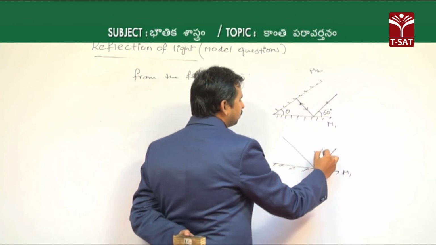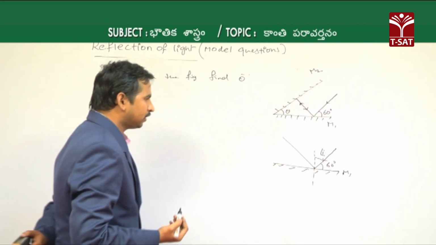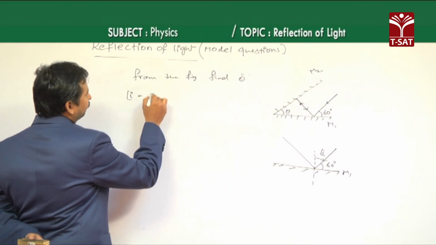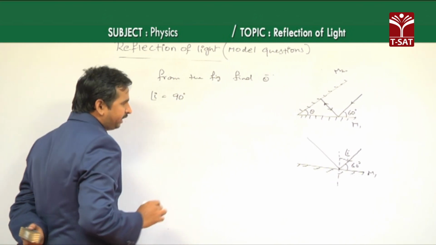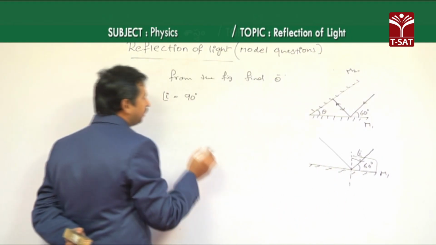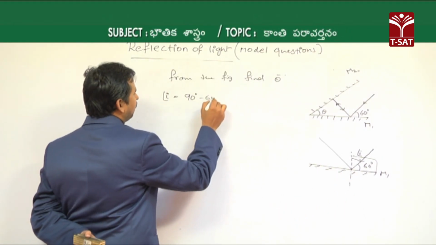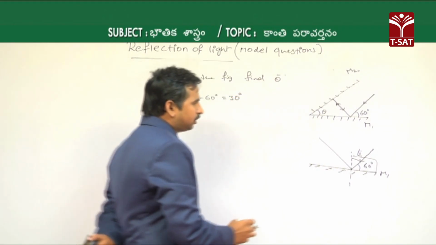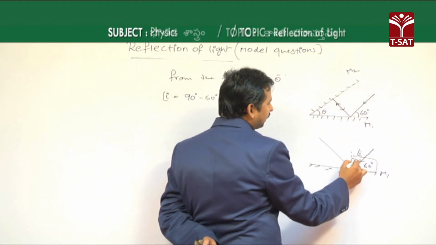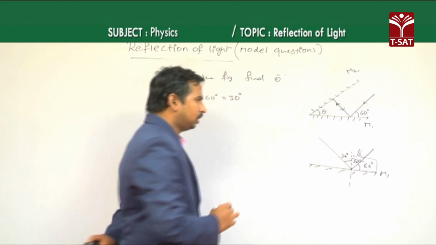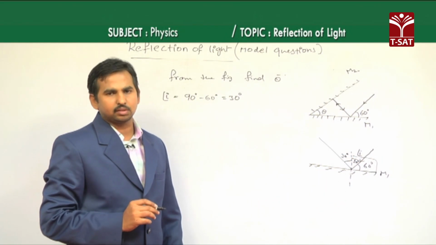That angle of incidence becomes 90 minus 60, because the normal makes 90 degrees and the 60 degrees is present in it, which is 30 degrees. On the other side, the angle of reflection is also 30 degrees.